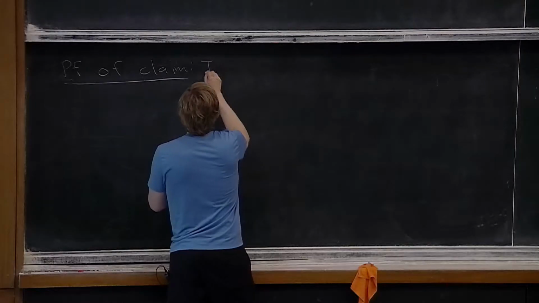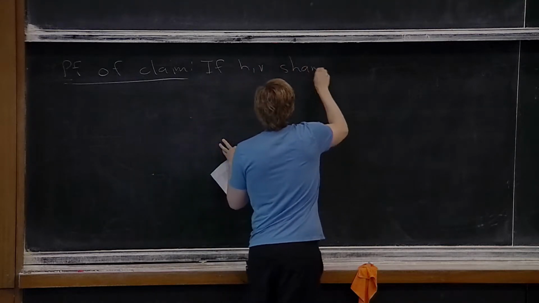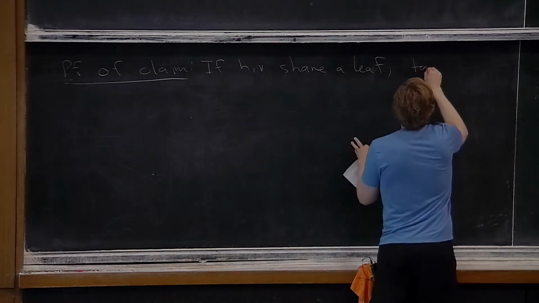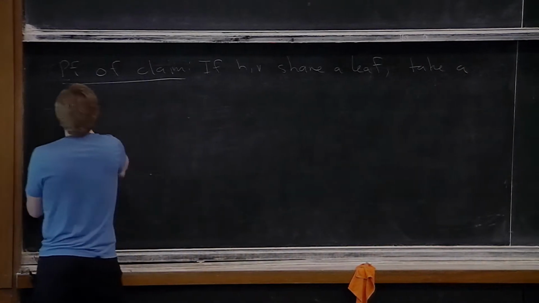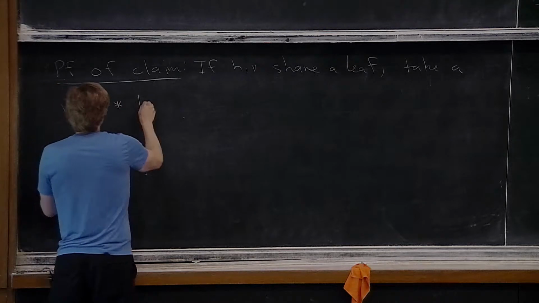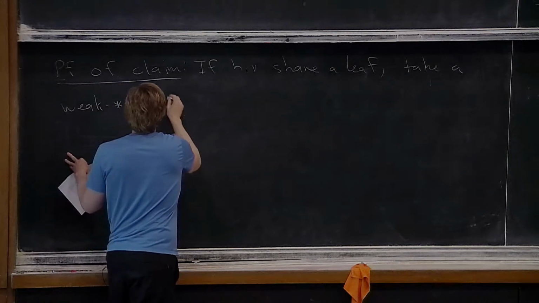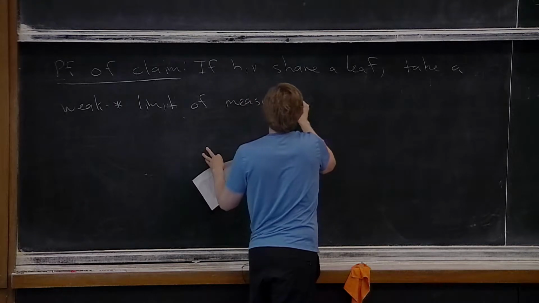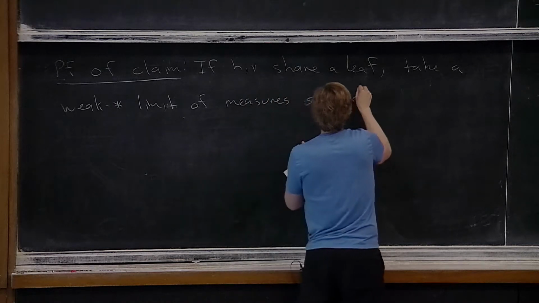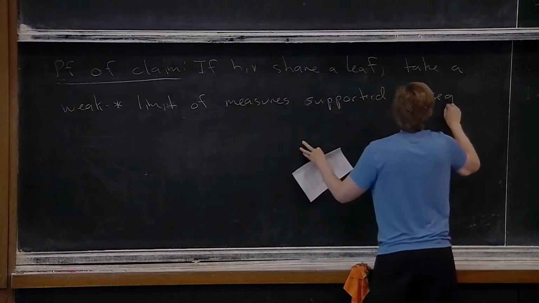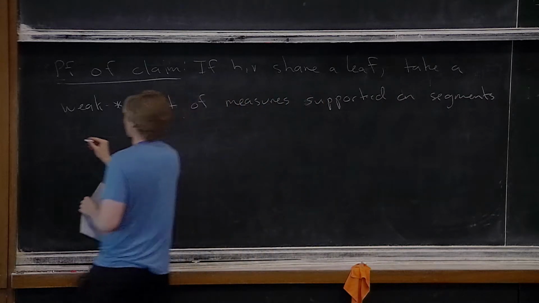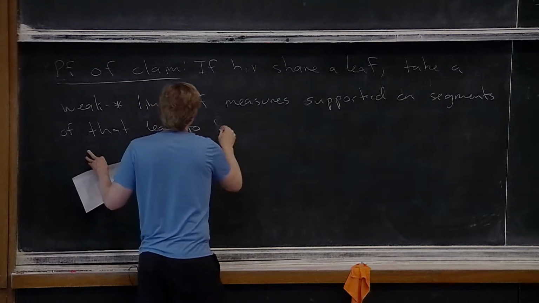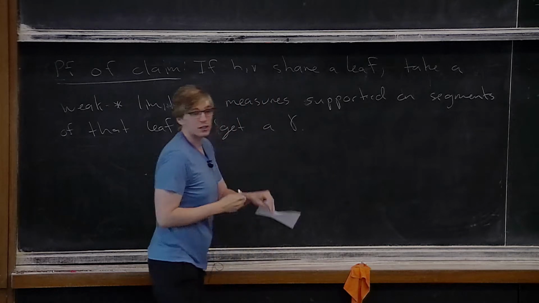So if H, V share a leaf, take a weak star limit of measures supported on segments of that leaf to get a gamma with 0 intersection number with each of them.